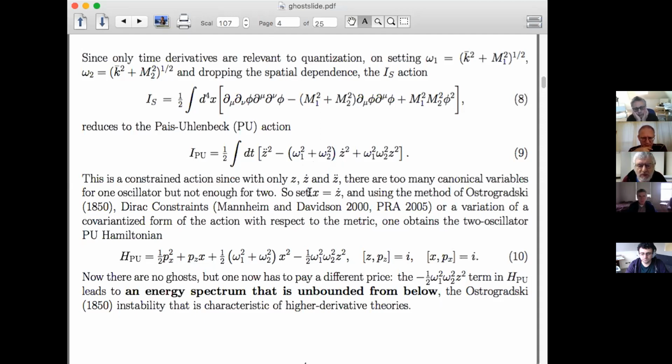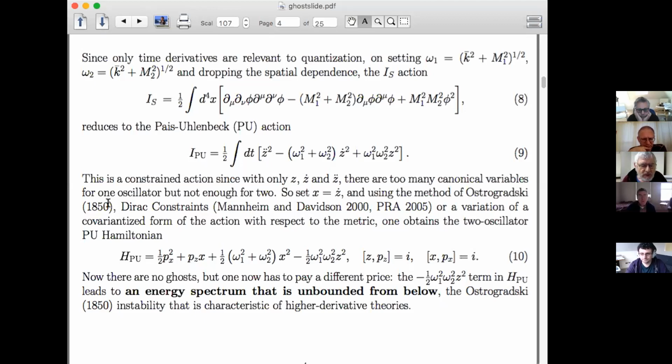You introduce a new variable, x equals z dot, and you can construct a Hamiltonian. It turns out that Ostrogradsky in 1850 had already worked out the rules for the Hamiltonian for theories where you have higher derivatives than just z dot.